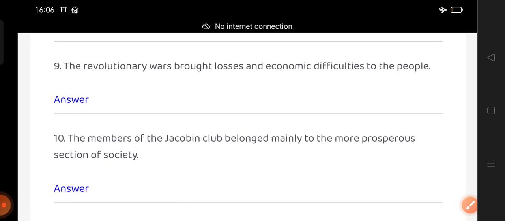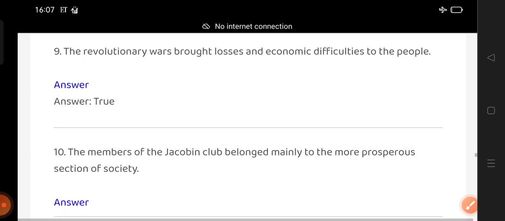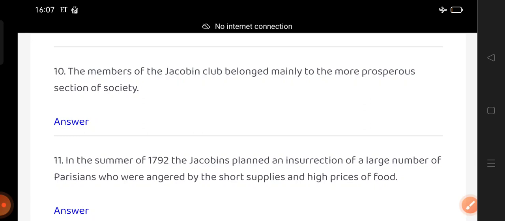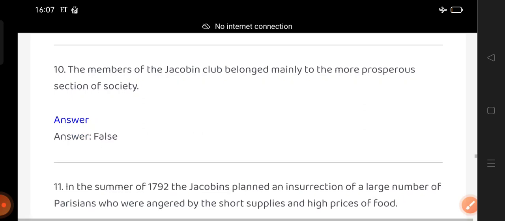The Revolutionary Wars brought losses and economic difficulties to the people. Might be true. If there is revolution, definitely it brings loss. The members of the Jacobin Club belonged mainly to the more prosperous section of society. Is it true? Let's see. False.